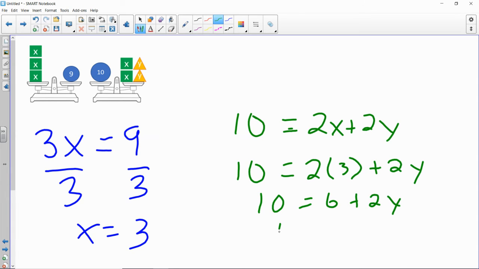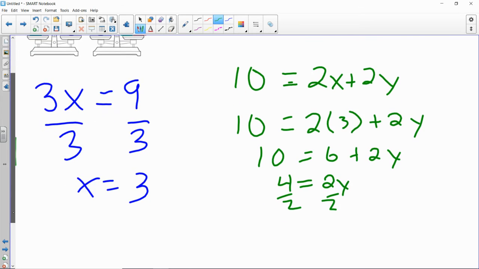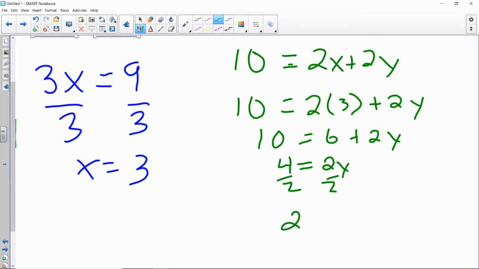Let's subtract 6 from both sides, and divide by 2. I'll get a y value of 2. So my ordered pair solution will be 3, 2.